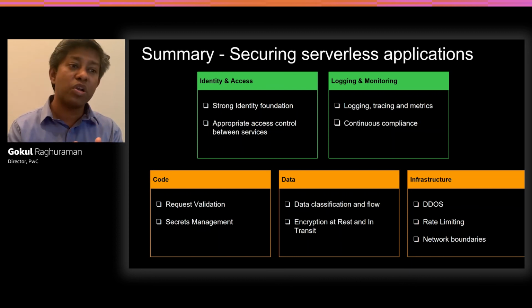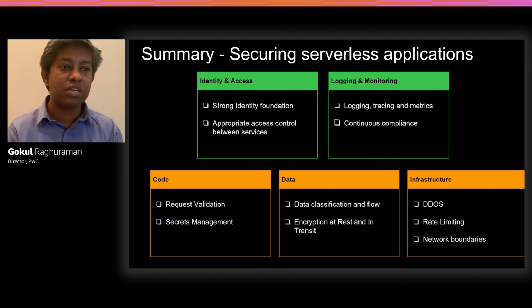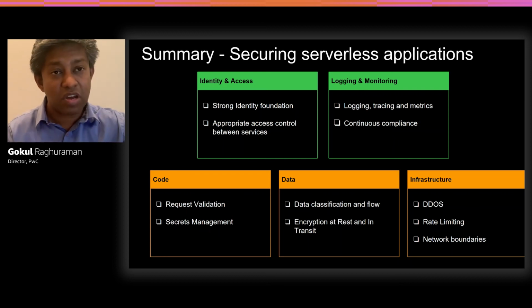We also spoke about credential management and secrets management to make your application secure. Avoid storing secrets in your code or in your database, definitely not in plain text, and use a secrets manager, whether it's AWS or a third party, or even better, get rid of that secret altogether, right?